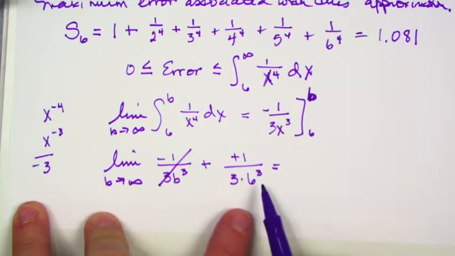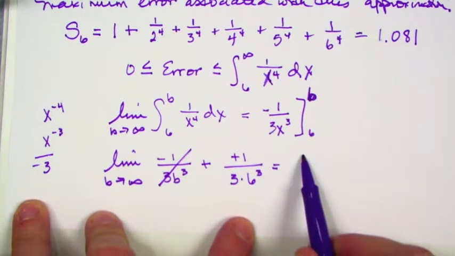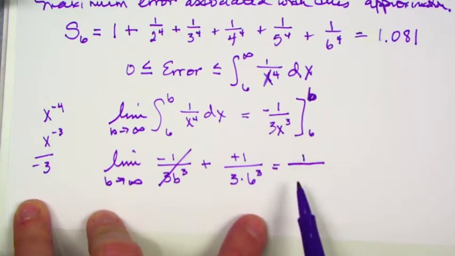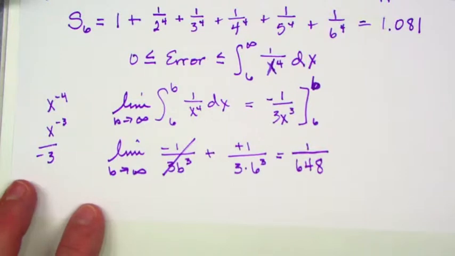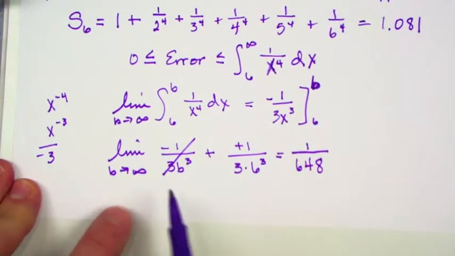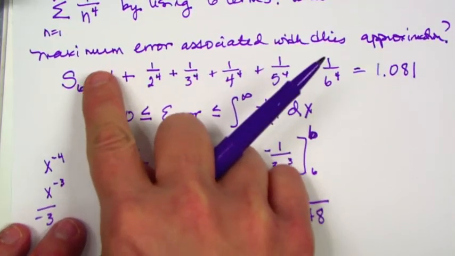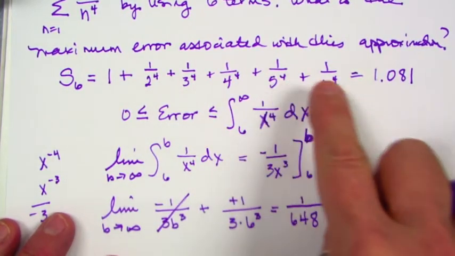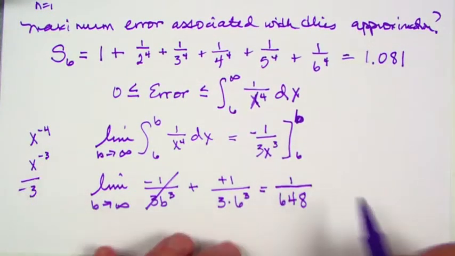And then 6 cubed times 3? 648. Okay, and remember the question was, what's the maximum error associated with this approximation? So what is the max error?